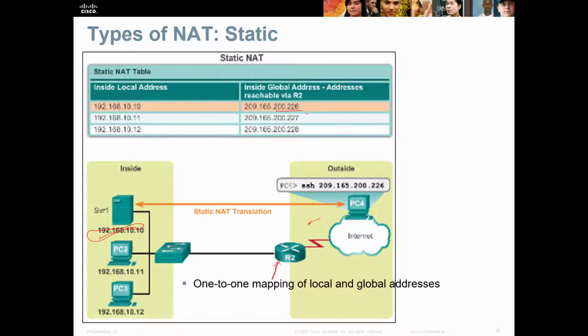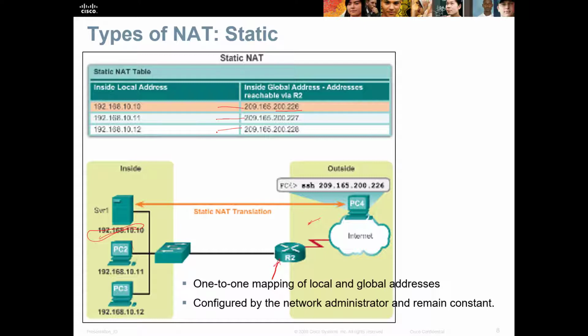One-to-one mapping of local and global addresses. So that means there has to be a global address for every local address. Here's this one, and there's that one. So I didn't really gain anything in terms of address space, right? I didn't gain much in address space. So this stuff, like any static addressing, is going to be configured by the network administrator, and it remains constant, just like static addressing does.